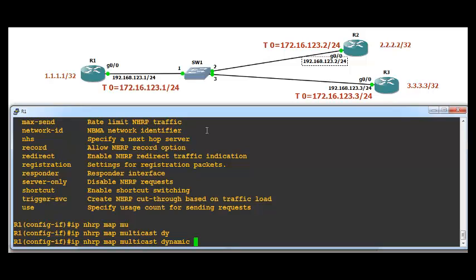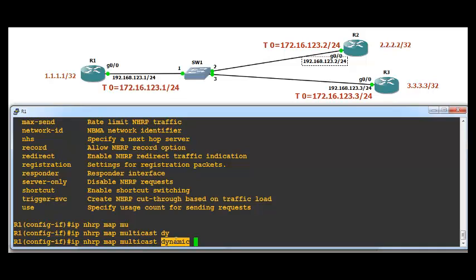See why I use the word multicast. All routing protocols use multicast to form neighbors. So when EIGRP on R2 and R3 sends the multicast traffic, this will learn those addresses dynamically.